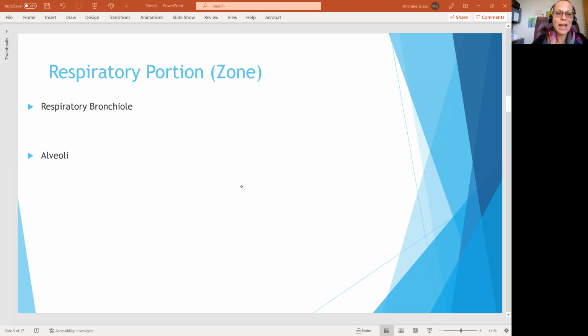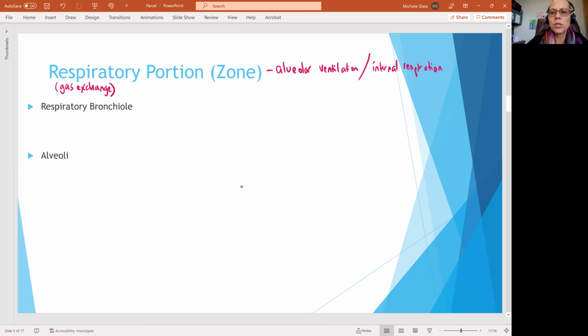We are ready for that respiratory zone, where respiratory is talking about gas exchange. In this particular area, we're getting into what is called alveolar ventilation, and then we're getting into what we can also talk about as internal respiration.